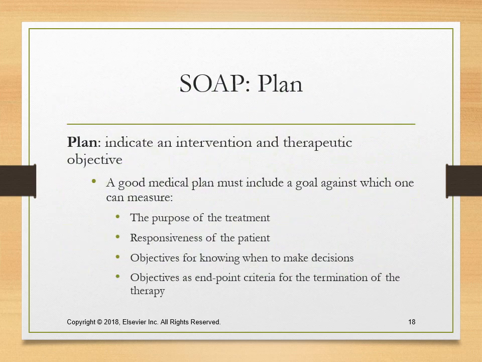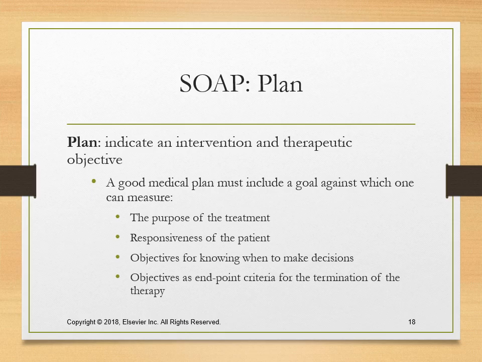Let's talk a little bit about the last part of SOAP, the plan. Plans indicate an intervention, something that you're going to do, and a therapeutic objective, your goal for why you're doing it, like a small volume nebulizer or asthma education, things like that. A good medical plan includes a goal against which you can measure something.